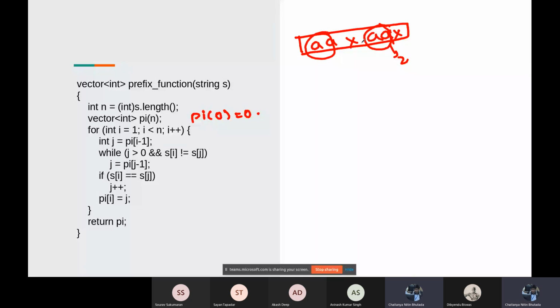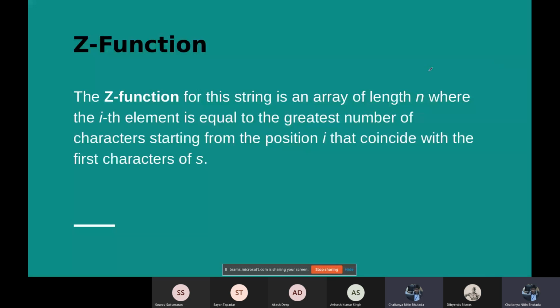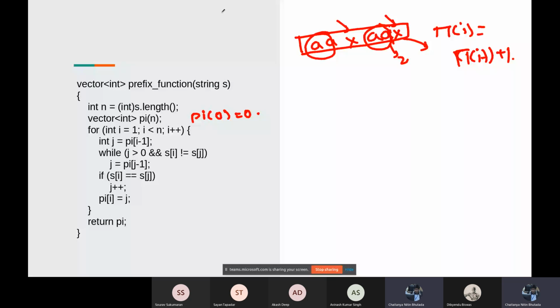So we don't need to check again here and here. So we just compare x and x. So now they are same. We just keep the pi of I as pi I minus 1 plus 1. So the pi value here will be 3.